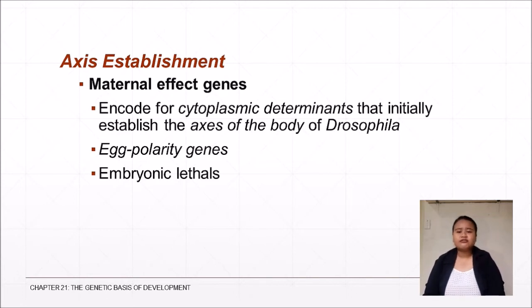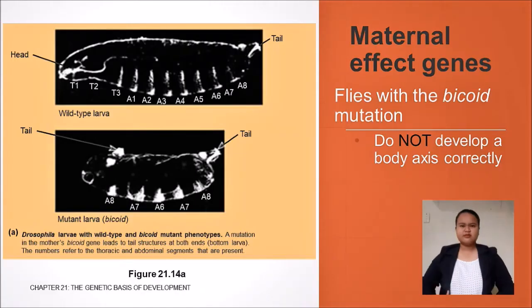These maternal effect genes are also called egg polarity genes, and these egg polarity genes will determine the orientation or the polarity of the fly's body. The posterior-anterior axis as well as the ventral-dorsal axis will be determined by different sets of maternal effect genes.